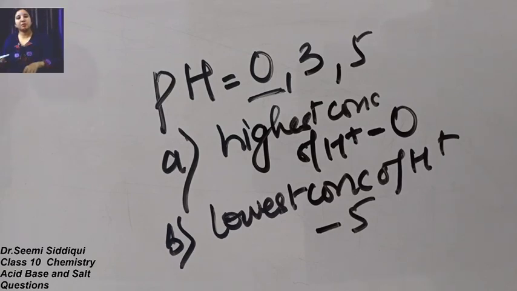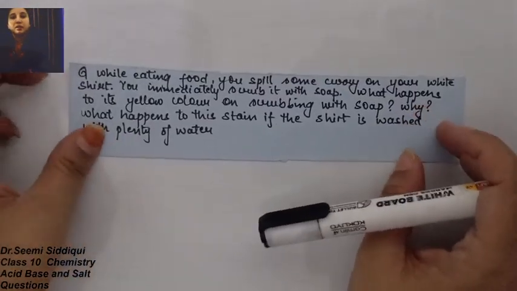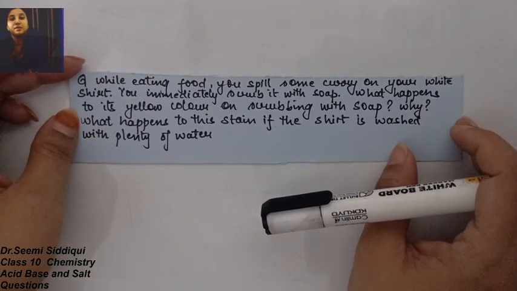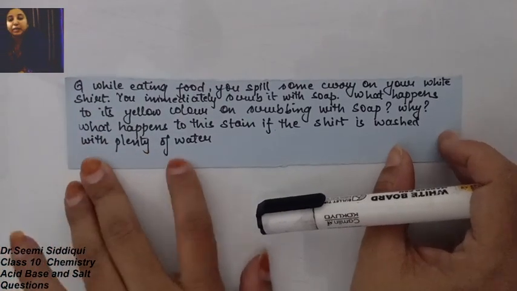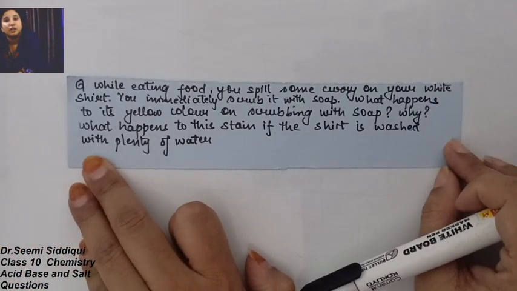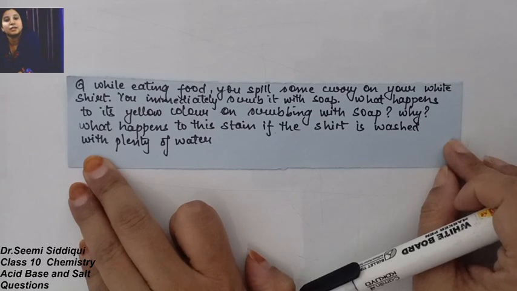These are very small questions. Now coming to the next question. This question I also discussed, and I even showed you a practical in the very first lecture of acid, base and salt. While eating food, you spill some curry on your white shirt. You immediately scrub it with soap. What happens to its yellow color on scrubbing with soap?